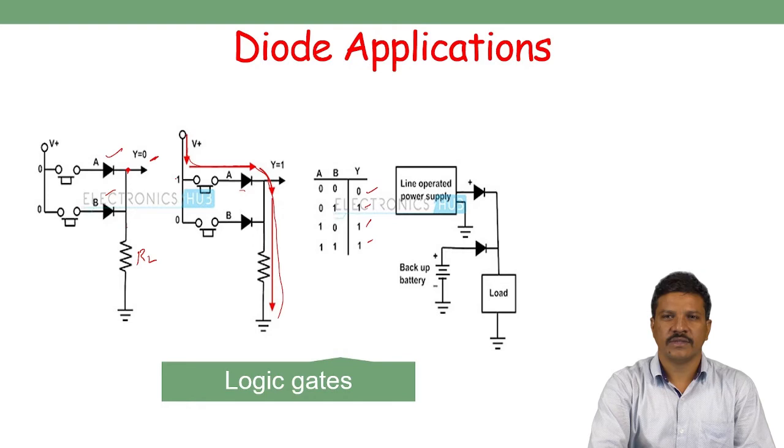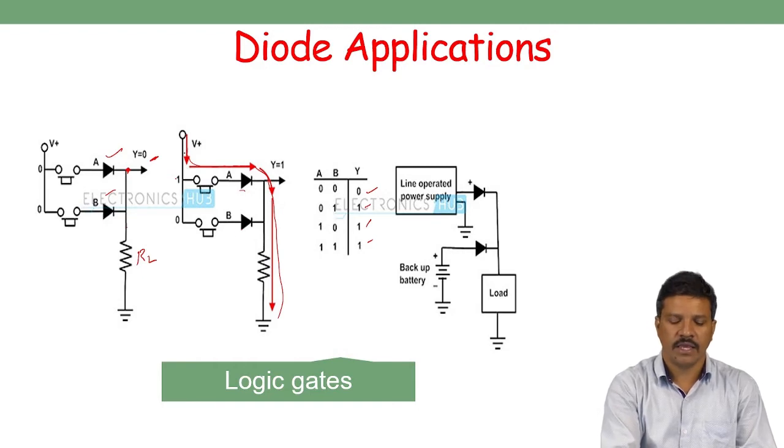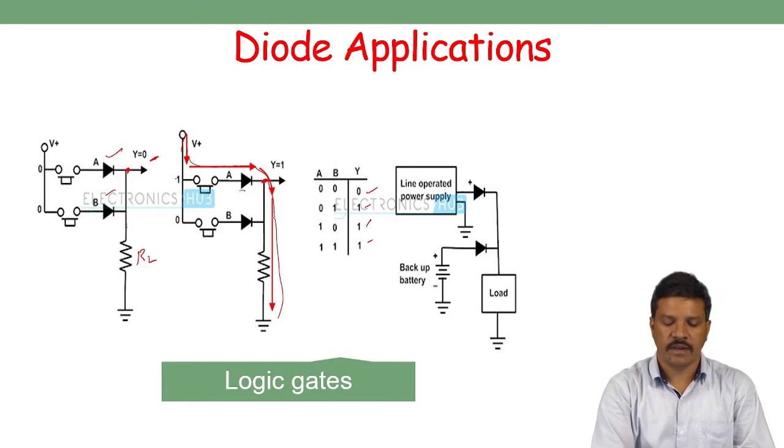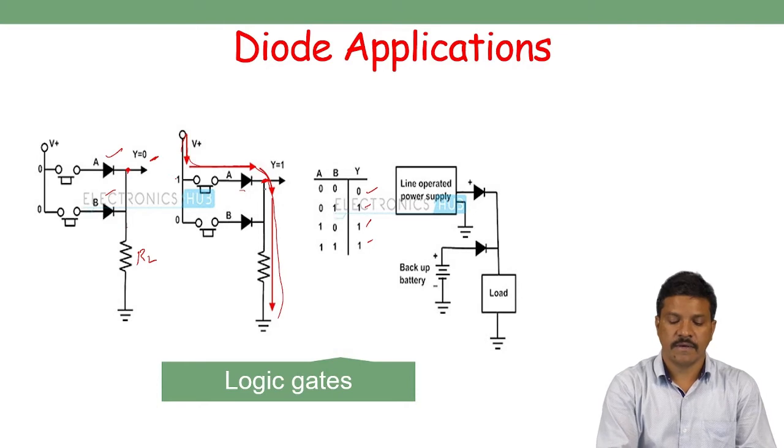So logic 1 will be available across the load. Each time one diode is on and the second diode is off, the power supply is directly connected to the output terminal. So what is the potential of this point with respect to ground? Some voltage is available across the load.